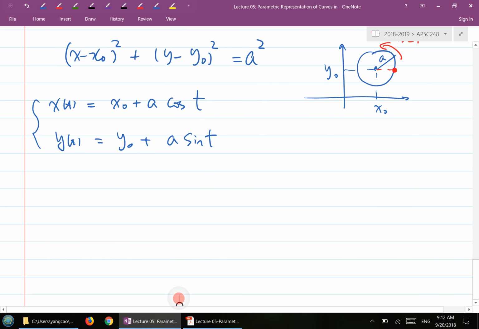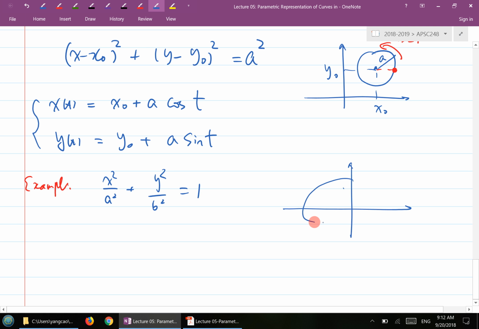Another type of equation is this, and that's an ellipse, a very typical 2D curve. It has a major axis and minor axis, a and b.